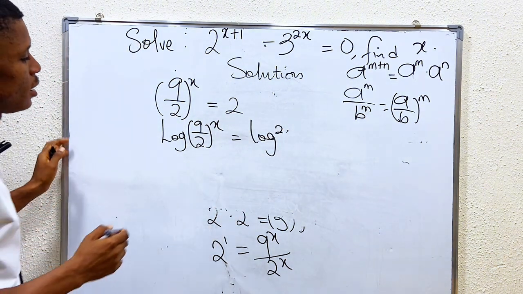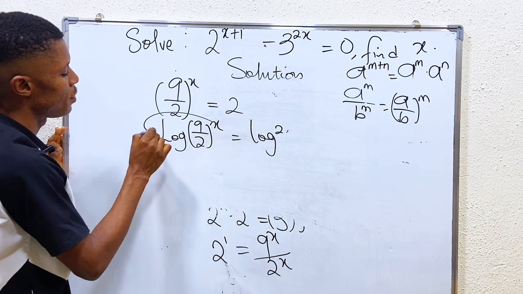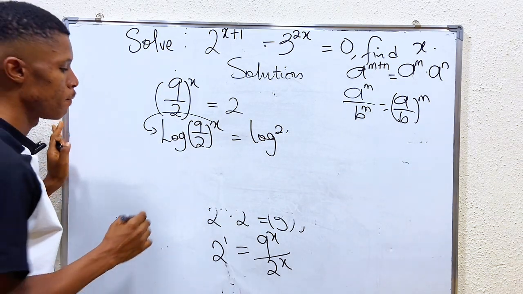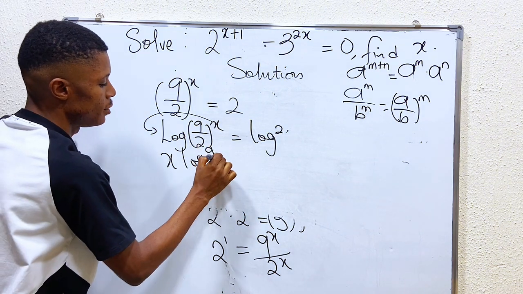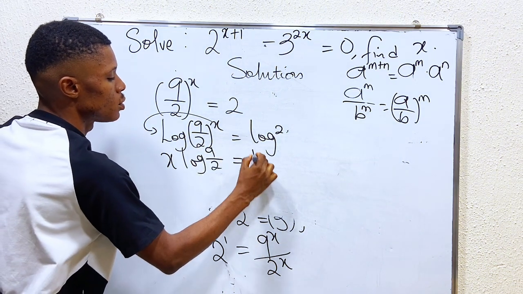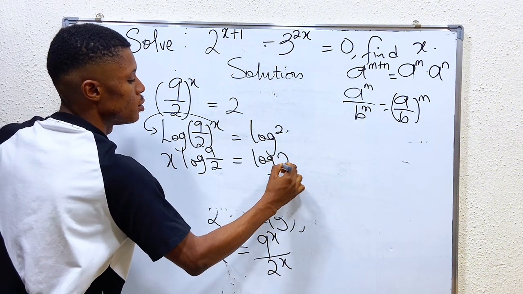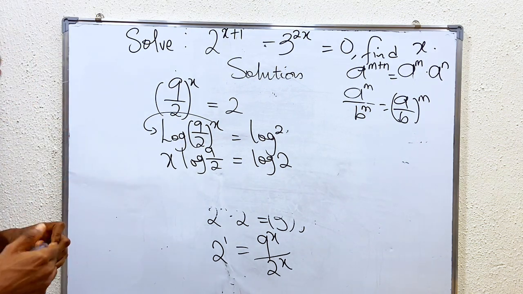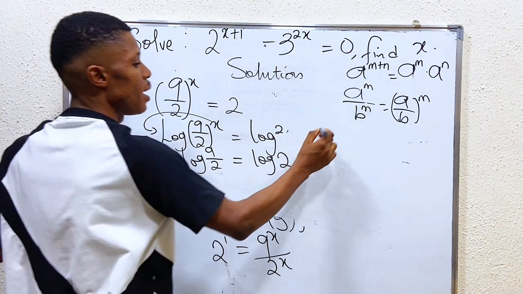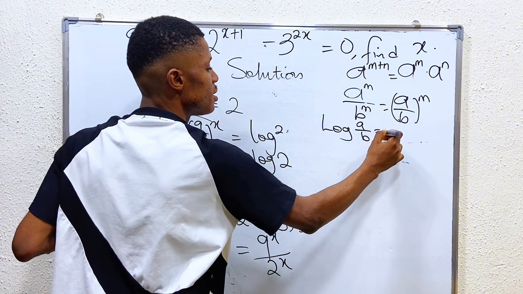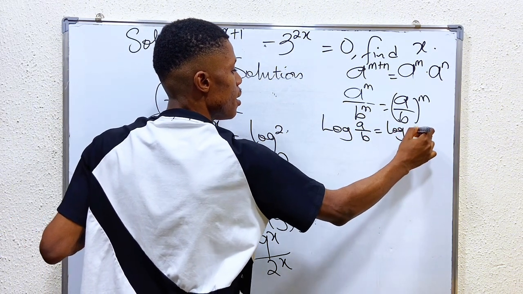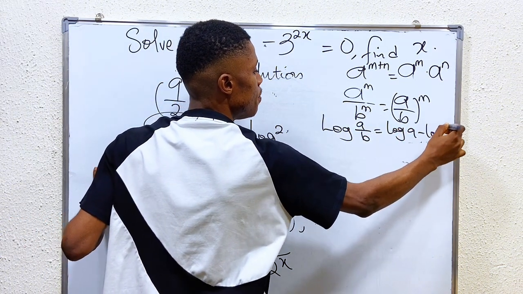Okay? Then the logarithm allows us to multiply the power to the log. So we have x log 9 over 2 is equal to log 2. Okay? Then from the laws of logarithm, whenever you have log a over b, it is the same thing as log a minus log b.